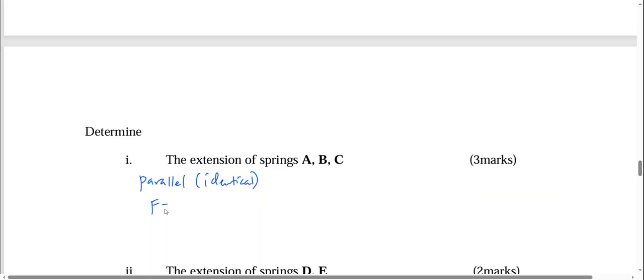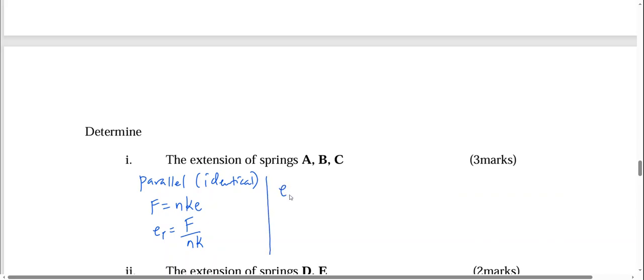Therefore, F is equals to N K E, where F is the total force, N is the number of springs, K is the spring constant of each spring, then E is the total extension for that case. Therefore, E total will be the total force F over N K.